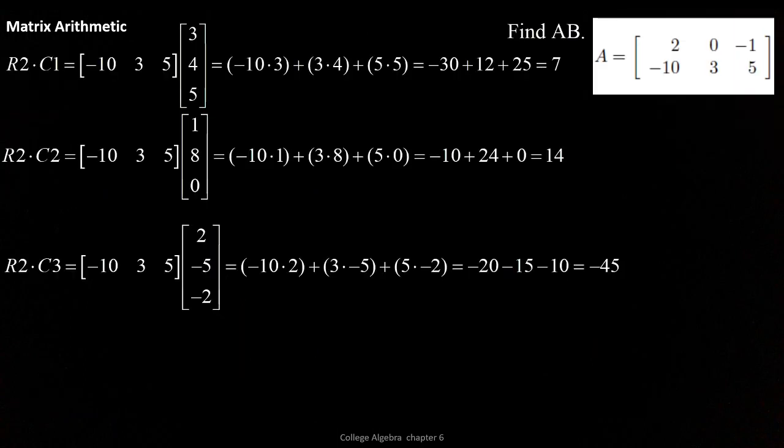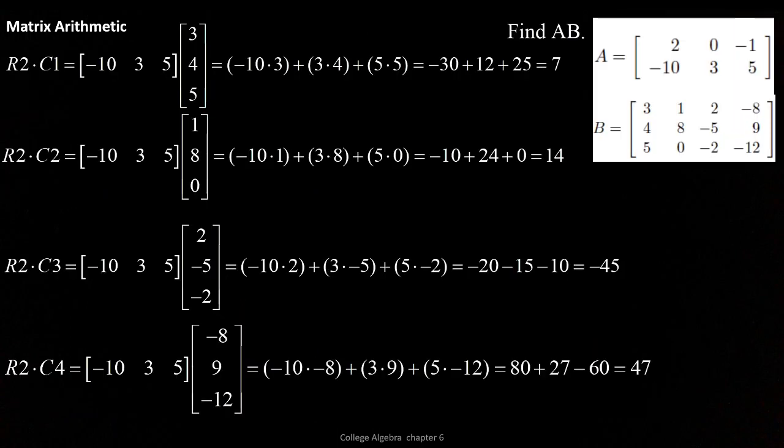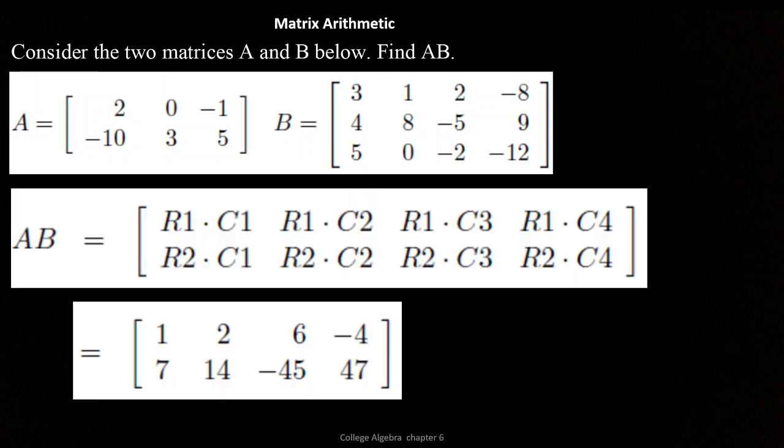So A times B is done like this. These are the other elements, right? We're going to get all of them like that, and then we end up with the answer. We took this row right here and multiplied it by this column to get this number.